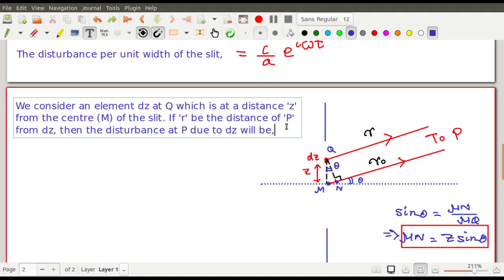Disturbance মানে the effect of the wave, so I call it dyp, right?